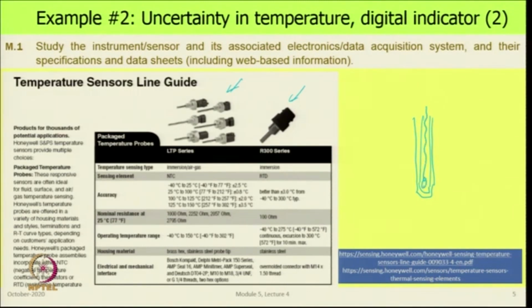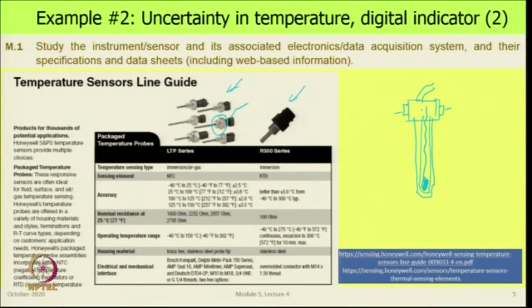Inside this we have our sensor, and here there is a packaging which is closed, and finally there will be wires which can be connected, and this side you have arrangements to fix it to something else. So, this is the fixing arrangement here, and from this your wires can be taken out.